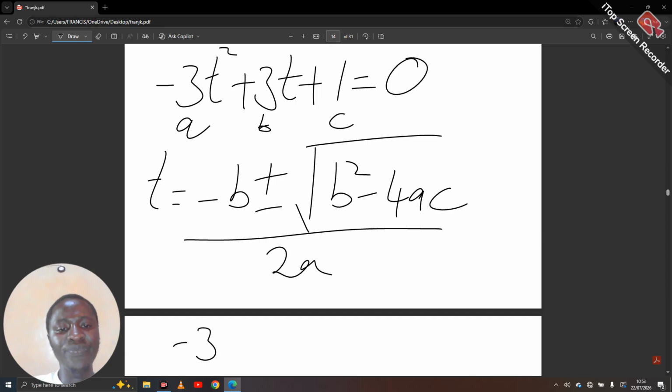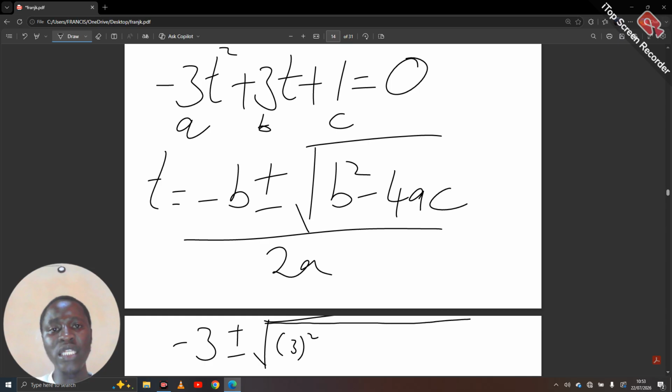So we are having negative 3 plus or minus the square root of b squared, that is 3 squared, minus 4 multiplied by a. What is a?